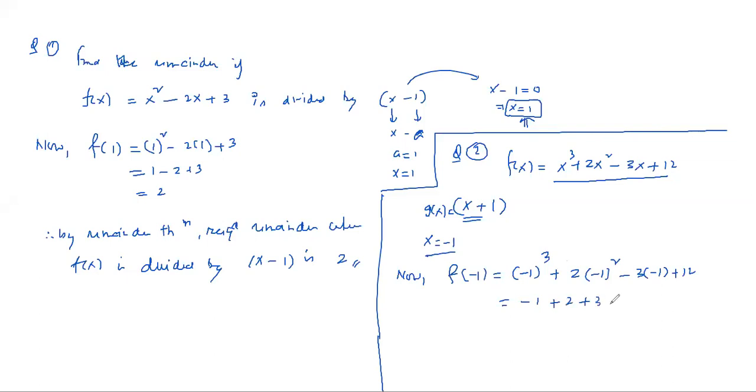This is plus 3. 12. So 12 plus 3 is 15. 15 plus 2 is 17. Minus 1 is 16. So therefore by remainder theorem, at last conclusion, you do not forget to write that remainder theorem has been used, right? Remainder is 16. So you got this.